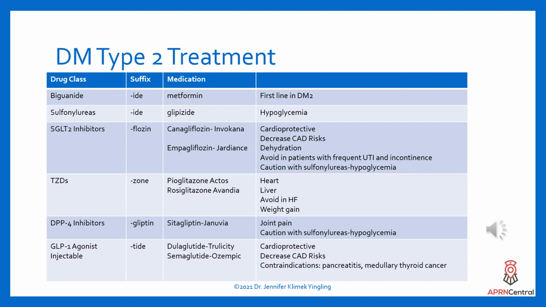Your DPP4 inhibitors, gliptins, okay, this is your Januvia. These patients can present with some joint pain. Again, you want to use caution concurrently with a sulfonylurea, because you can end up with some hypoglycemia as well.